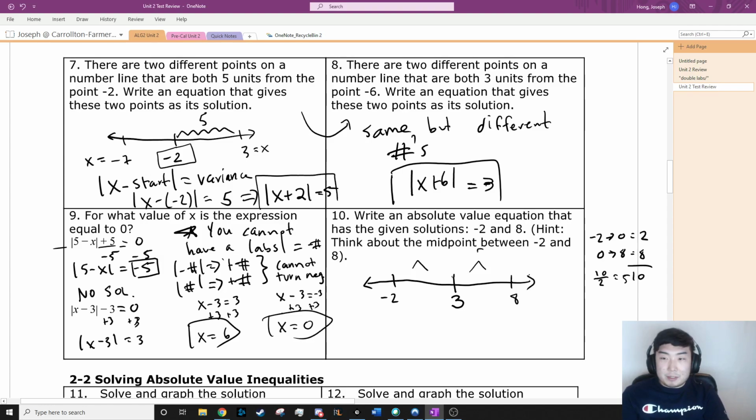So that means that these steps right here are 5 each. Because if I count, it goes -2, -1, 0, 1, 2, 3. 5 steps. 3, 4, 5, 6, 7, 8. That's 5 steps. So this makes sense. So I can make the equation, which is absolute value of x minus start, which is the 3, is equal to the variance, which is 5.